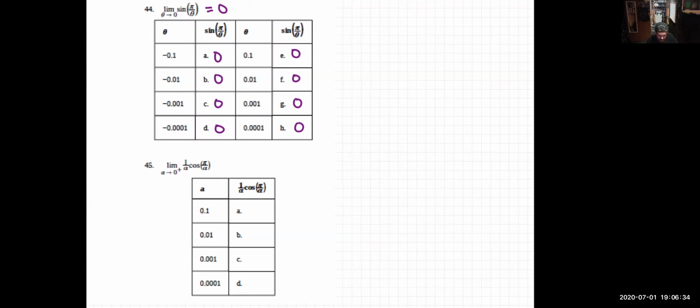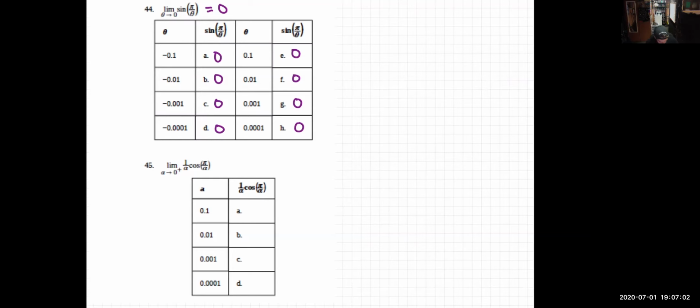So cosine of pi divided by x, divided by x. And we'll just go ahead and let that do its thing. And then we'll plug in some of these values and see what we got. So plugging in 0.1, we get 10. Plugging in 0.01, we get 100.